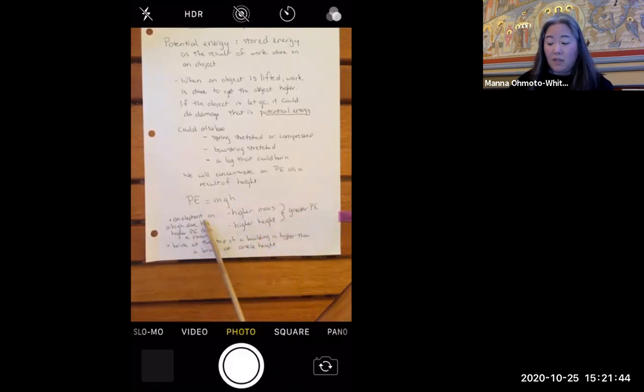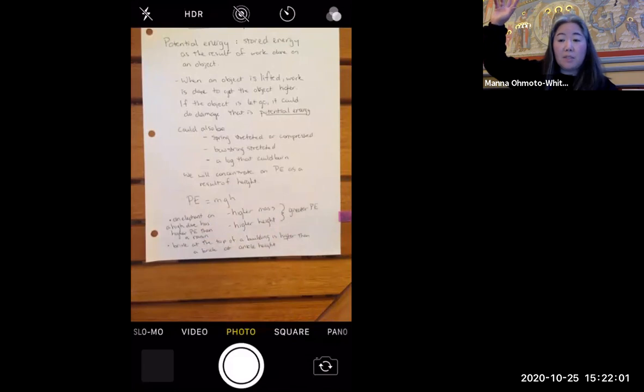So an elephant on a high dive has a higher potential energy than a raisin on a high dive because it has greater mass. Or a brick at the top of the building has higher potential energy than the brick at ankle height, right? So it's the same mass there, but because the brick at the top of the building is much higher than my ankle is to the ground, it's going to have higher potential energy.